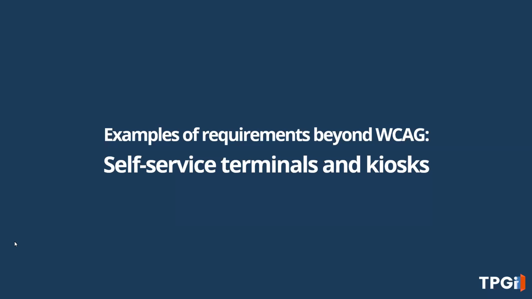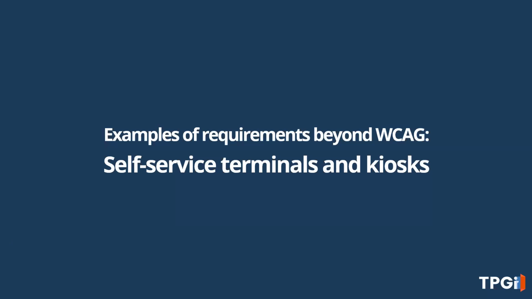Okay, so far we've covered just some of the ways that EN 301549 goes beyond WCAG, and I think it's around 60 additional requirements that go beyond WCAG, reflecting the standard's broad focus on ensuring accessibility across all types of ICT, not just web content.